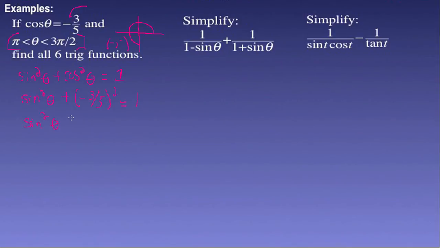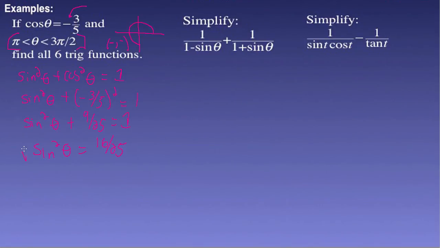Sine squared theta plus 9/25 equals 1. Sine squared theta equals 1 minus 9/25. Well, 25/25 minus 9/25 is 16/25.